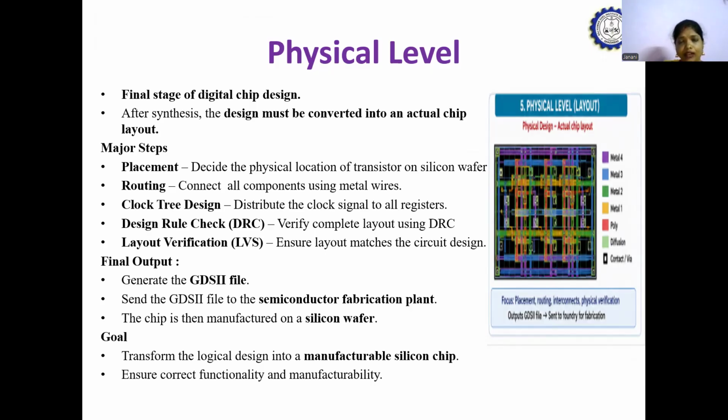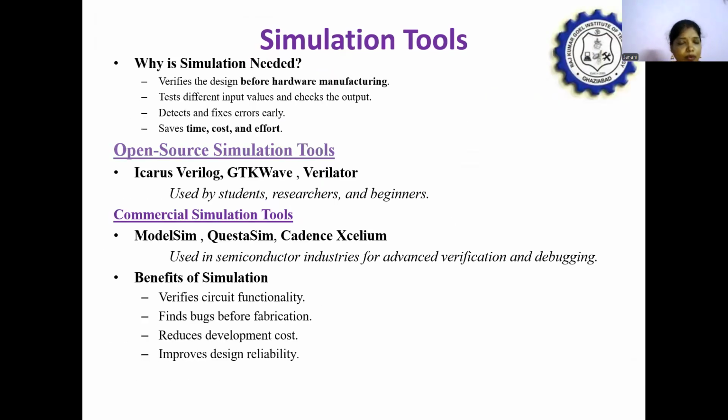So these are the different levels of abstraction. We divide the complex circuit into different levels to simplify the process. Next, we are going to see the simulation tool. First, you have to know why simulation is needed. Once you have written the Verilog code, it is very important to verify the design before manufacturing it.